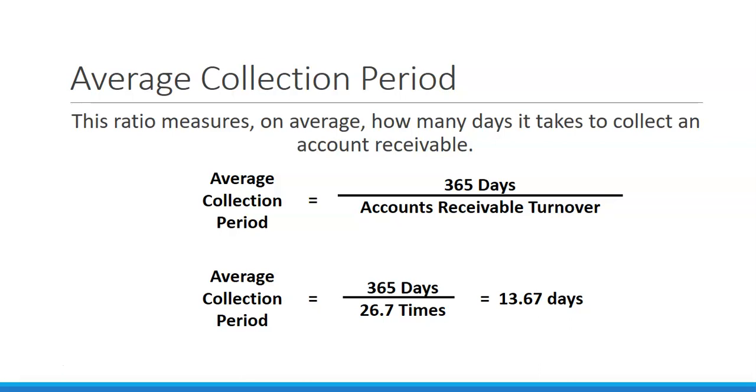This indicates how long it takes a customer to pay their bill if they buy something on account, on average. Again, this is not something that you would want to see increasing because it shows a liquidity issue in your ability to generate cash and collect on those accounts receivable.